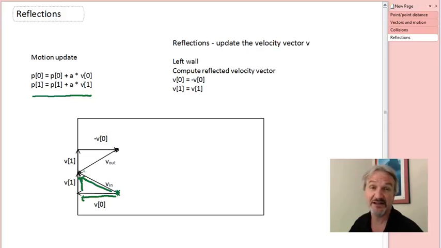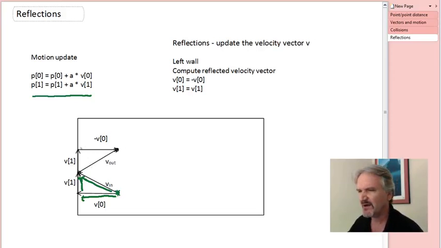The reason I wrote it in terms of the two components is that notice the vertical component shouldn't change when we bounce off of a vertical wall. The ball will keep moving vertically at the same speed. What about the horizontal component when we bounce off a vertical wall? Well, the horizontal component will just be negated.